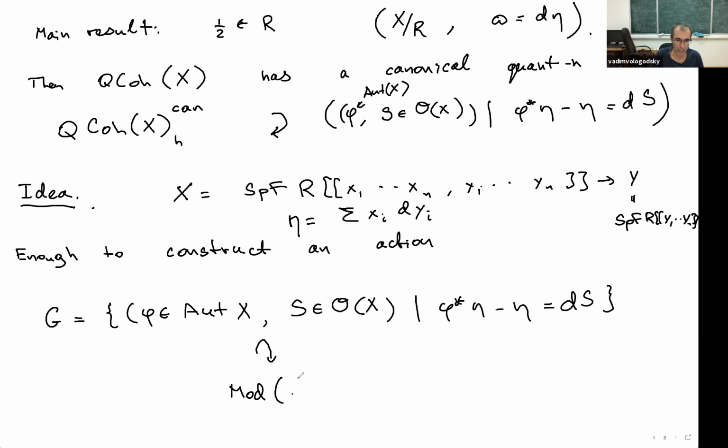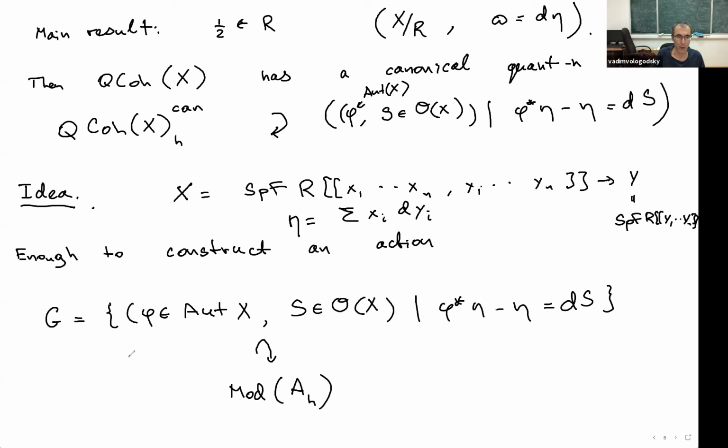I already have this notation A_h, so this is a completed Weyl algebra generated by xi, yj, and the commutator is equal to h. So that's the main work here, constructing this action.